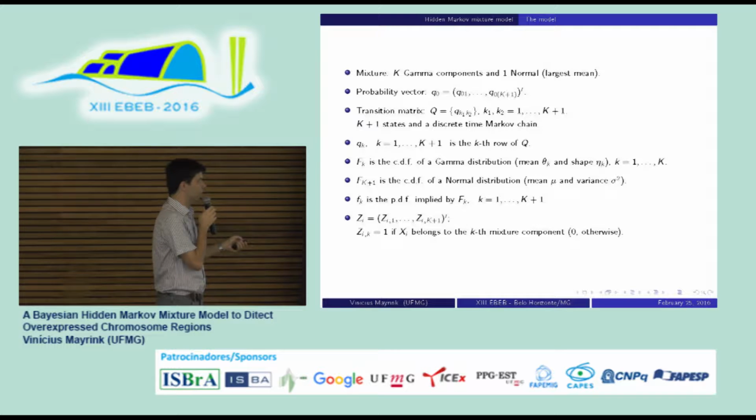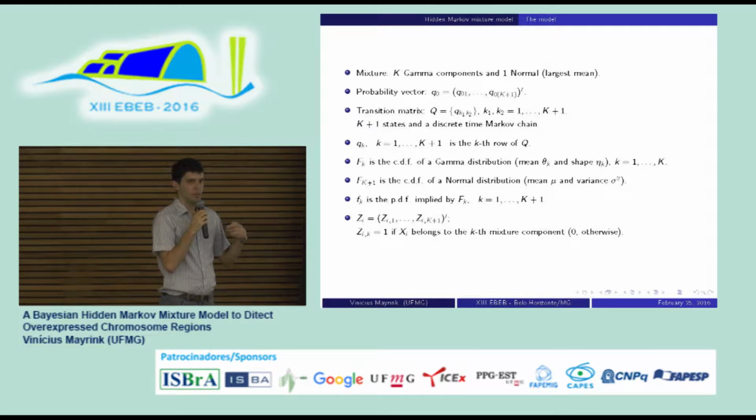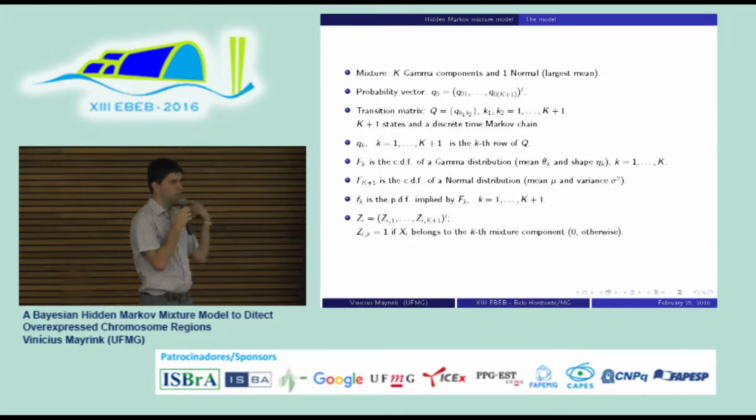And this transition matrix, in which each row has a different vector of probabilities indicating how I can move from one cluster to the other, given the previous cluster in the sequence.